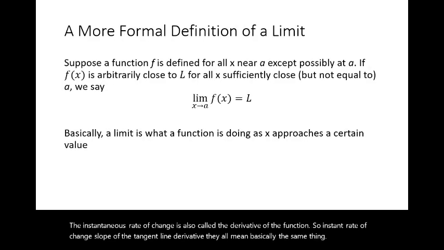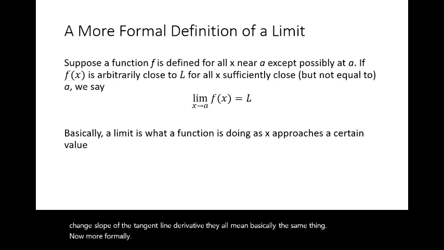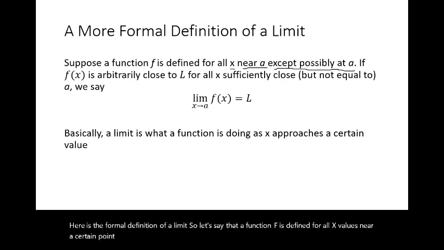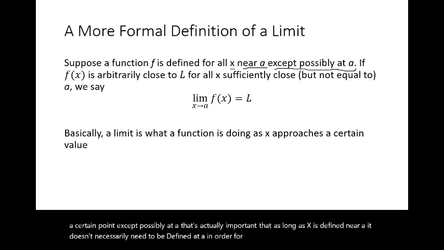Now, more formally, here is the formal definition of a limit. Let's say that a function f is defined for all x values near a certain point a, except possibly at a. That's actually important: as long as f is defined near a, it doesn't necessarily need to be defined at a in order for a limit to exist.